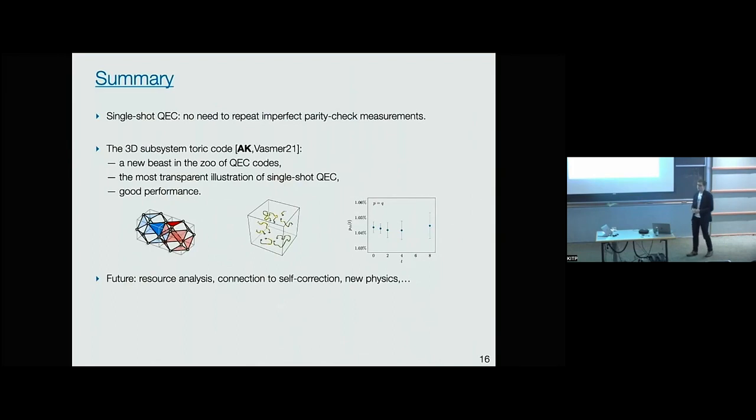And also with this phenomenon of single-shot quantum error correction, it would be interesting to pinpoint and understand better the connection to self-correction. And another very open-ended question is, does single-shot quantum error correction lead to new physics that we may be interested in exploring? And with that, I would like to thank you for your attention.